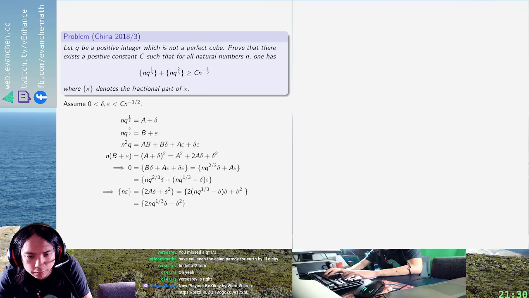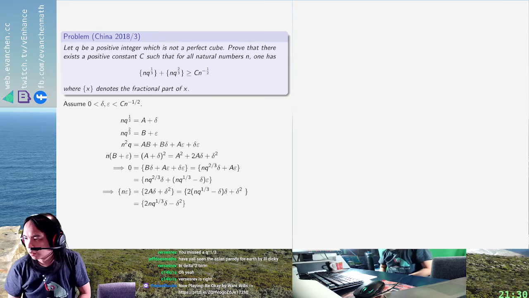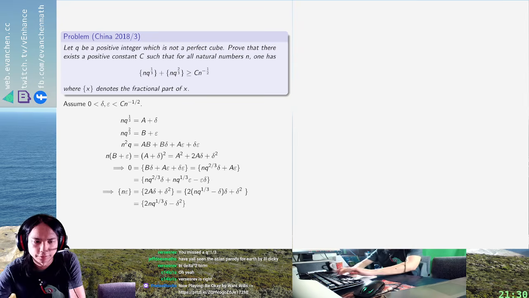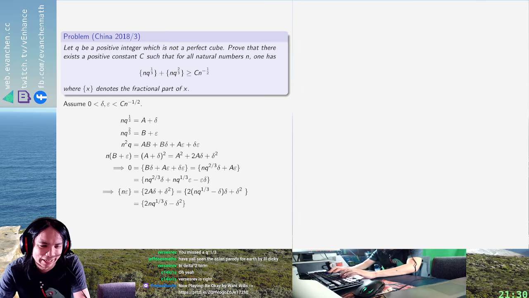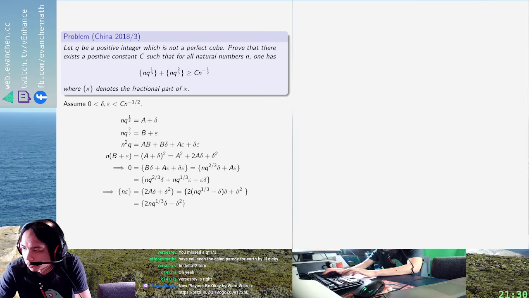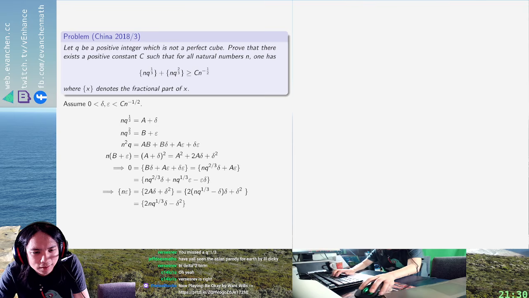Alright, so this is n to the 1/3 epsilon minus epsilon delta. That fractional part vanishes and the other... Okay, so long story short, I think what this extracts to is that 0 is the fractional part of two things. One is this guy and the other is the other guy. And this feels pretty crappy.